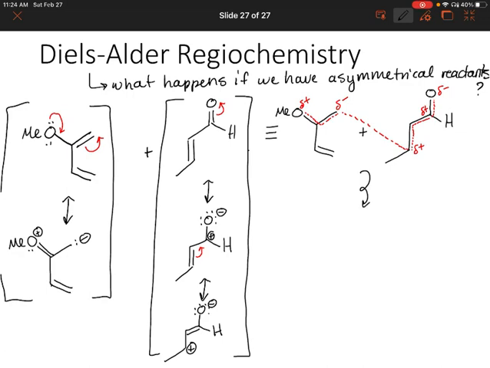to flip our diene and line up the partial negative carbon with the partial positive carbon.